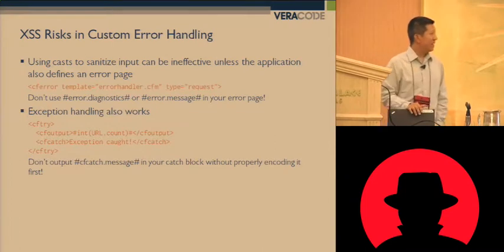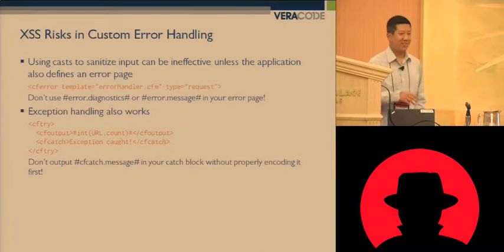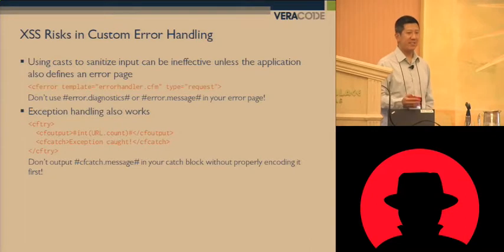However, when you do that, you can still make some mistakes. Like I said, you have an error object, and you can start printing out various members of that object that give you information on what went wrong. And one of those is error.diagnostics, and one of those is error.message. And both of those also contain the attack string.